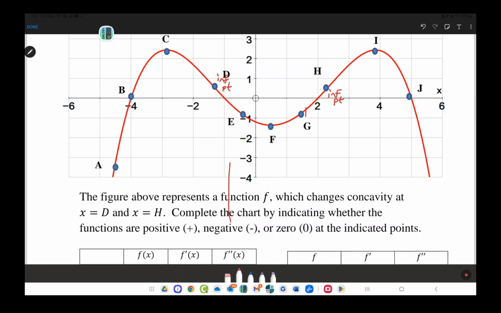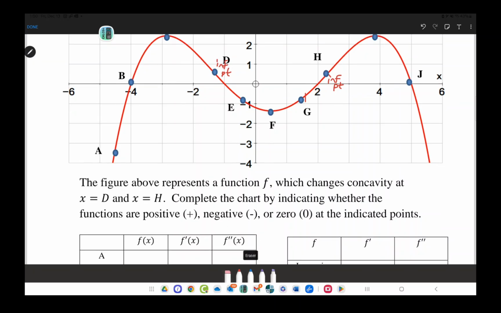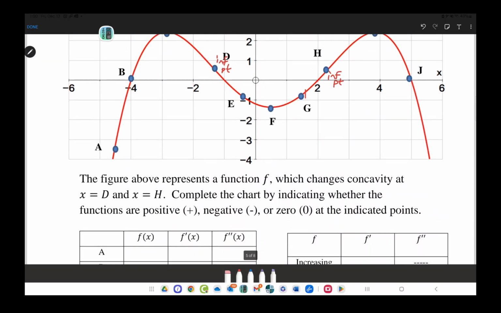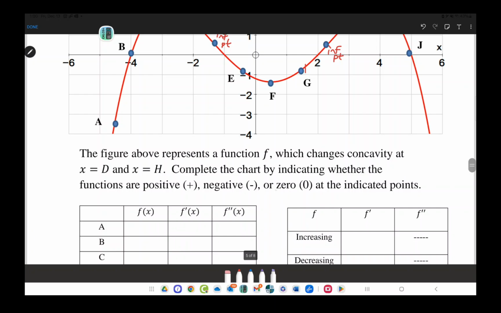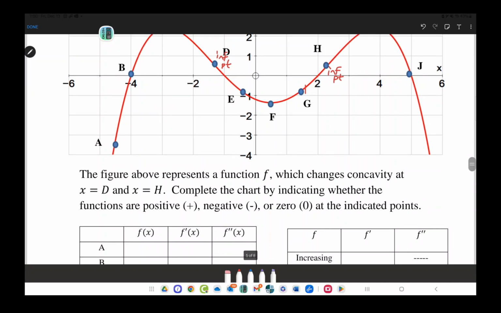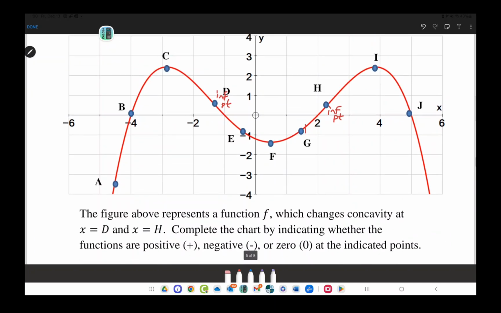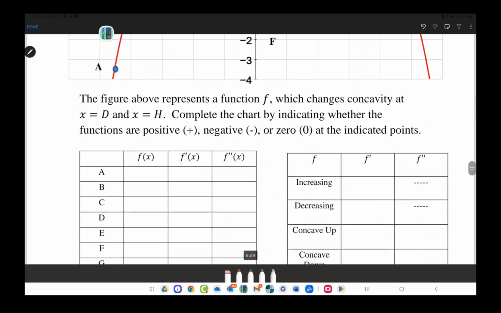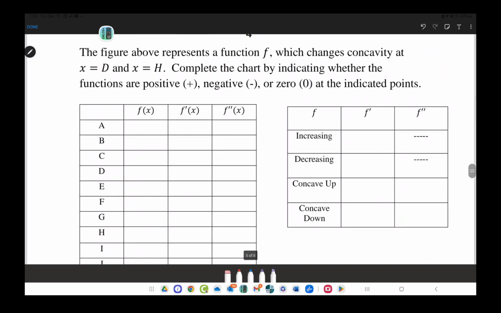All right. So at A, the function is increasing or decreasing? Increasing. At B, it's increasing. So at A and B, since the function is increasing... oh, they want positive or negative.